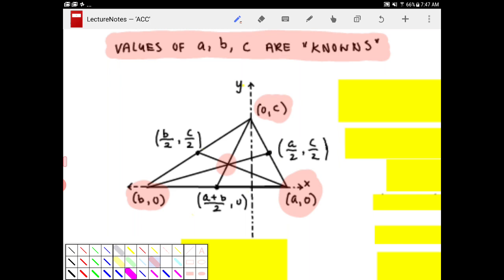So in order for us to find the point of intersection, we need the equations to represent the 3 medians. Recalling from Algebra 1, we need 2 things: a slope and a point.